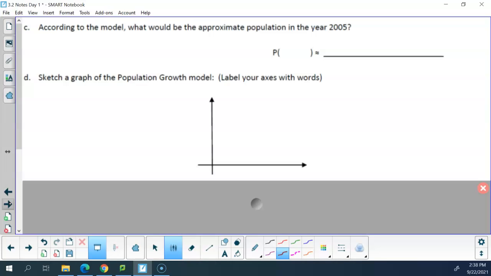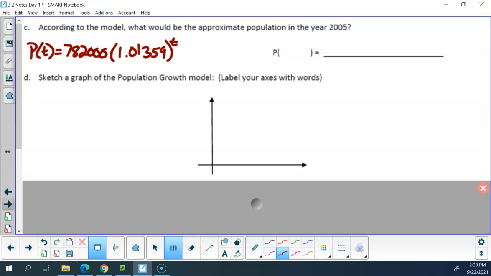According to our model, you tell me what the population of San Jose was in 2005.